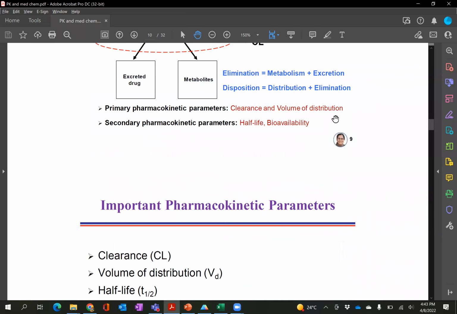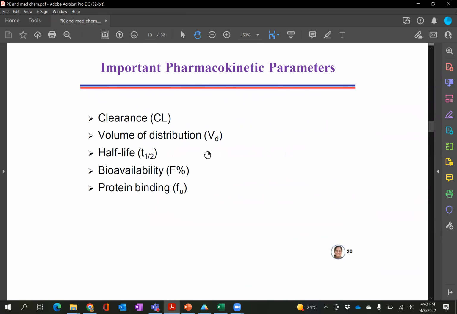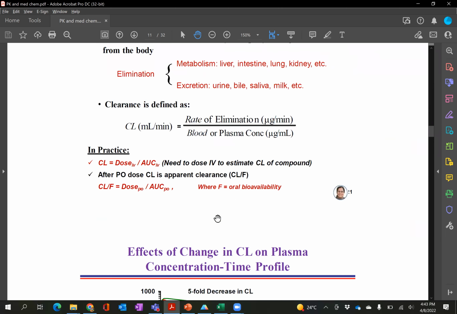Another important thing we didn't touch on is protein binding. The U means unbound, so the fraction unbound is important. And F means bioavailability. These are the things we didn't talk about.